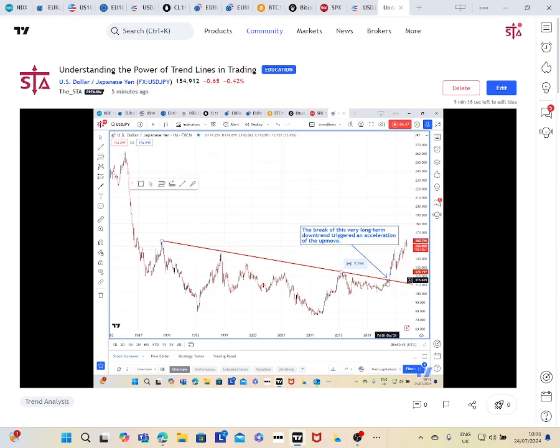And you can see once the market actually breached this level, it triggered quite an acceleration of the up move that was already being seen. It produced quite a big rally higher. You need to know where your long-term trend lines are in markets. They are very important. That's why you have to watch your monthly charts quite closely.